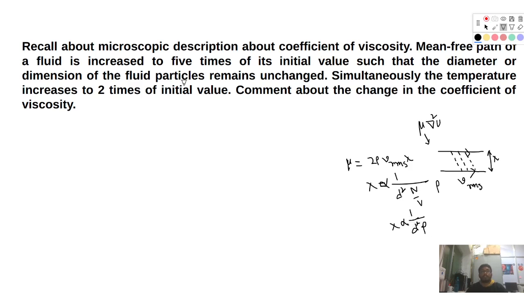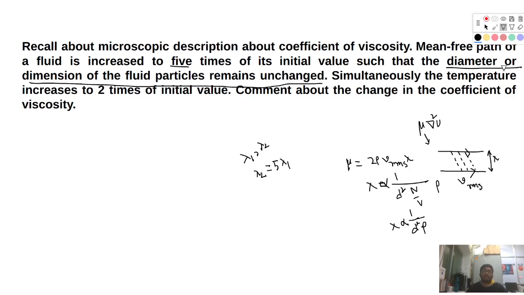Now the question is suggesting that the mean free path of a fluid is increased to 5 times. So let's say you have a lambda 1 and a lambda 2. It is telling that lambda 2 is 5 times lambda 1. This is changing in such a way that the diameter or the dimension of the fluid particles remains unchanged.